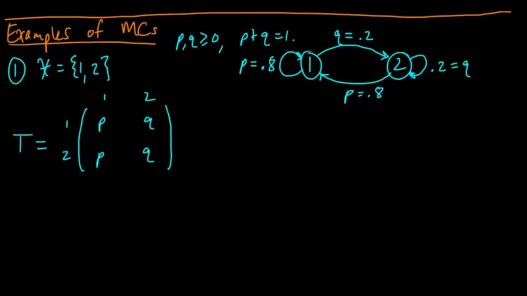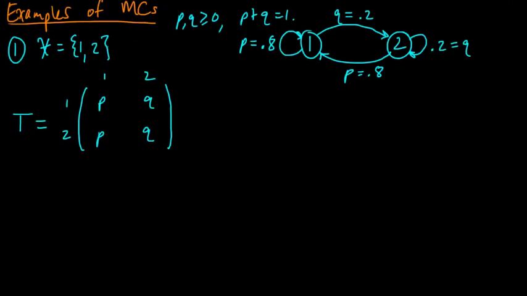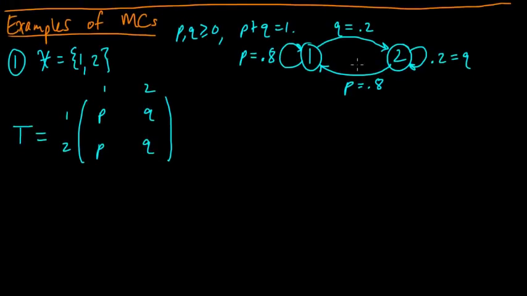We can check that very easily in this case. We only have two states, so to go from 1 to 2, we can clearly do that with positive probability, with Q, as long as Q is positive. And likewise from 2 to 1 with P. So it's irreducible as long as P and Q are strictly positive.